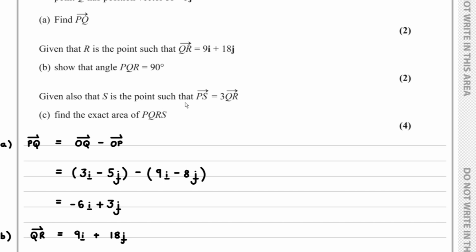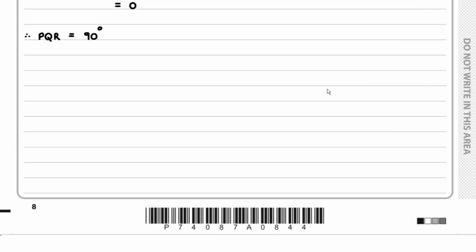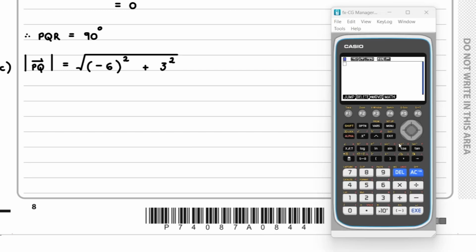Given also that S is the point such that PS is equal to 3QR, for part C we have to find the exact area of PQRS. For part C, we can find the magnitude of PQ. That's equal to negative 6 squared plus 3 squared square rooted. And working this out, we have 36 plus 9 square rooted, which is 3 root 5. We can find the magnitude of QR.